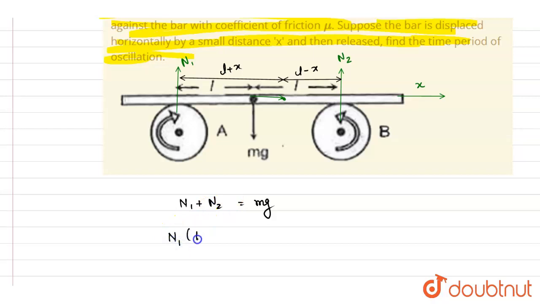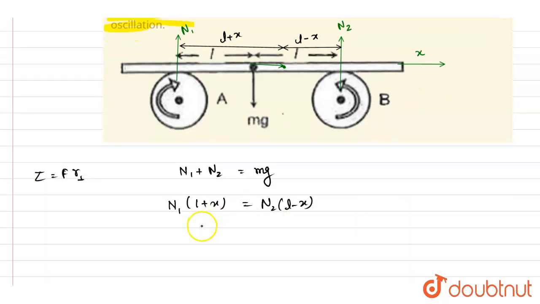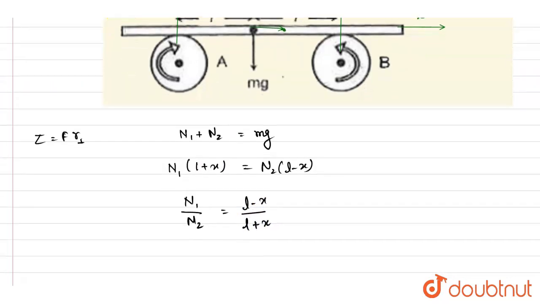So net torque, if I write it down, is force times perpendicular distance. So if I write N1 by N2, it is this. Right. So here this is L minus x, this is L plus x.